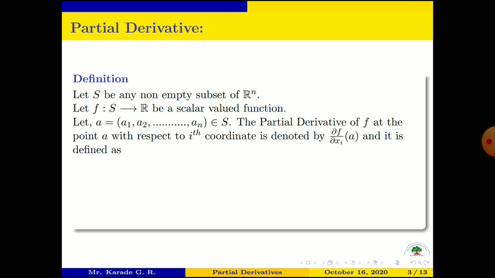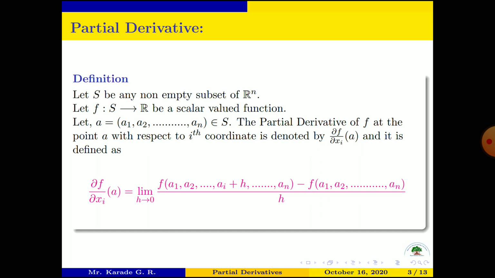The partial derivative of f at the point A with respect to the ith coordinate is denoted by the notation ∂f/∂xi of A, or we can read it as dou f by dou xi, or partial derivative of f with respect to xi at point A, and it is defined as: ∂f/∂xi at point A is equal to the limit as h tends to 0 of [f(a1, a2, ..., ai + h, ..., an) − f(a1, a2, ..., an)] divided by h.